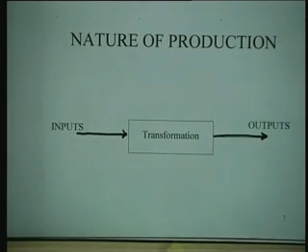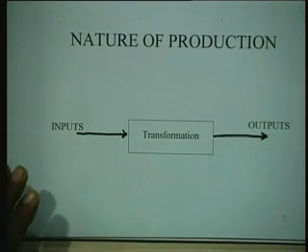So, the simplest way of looking at production activity is to say that it is essentially an input output system in which you have a black box which carries out the relevant transformations that you may need.